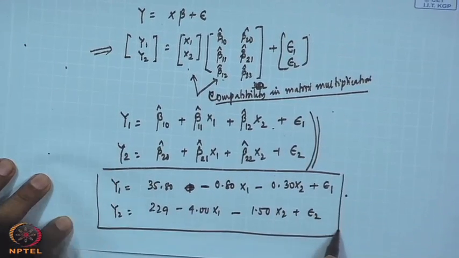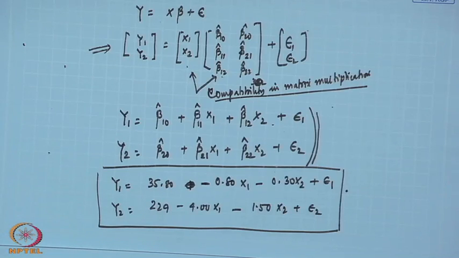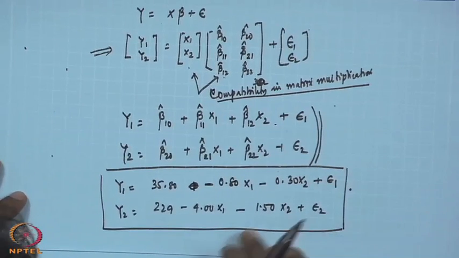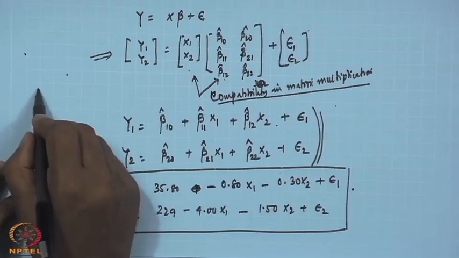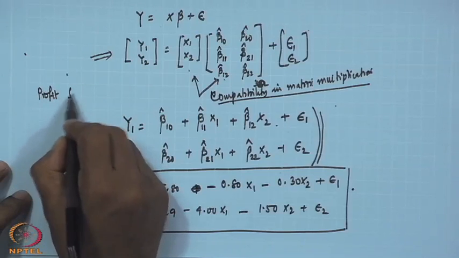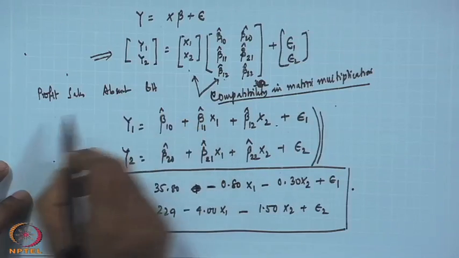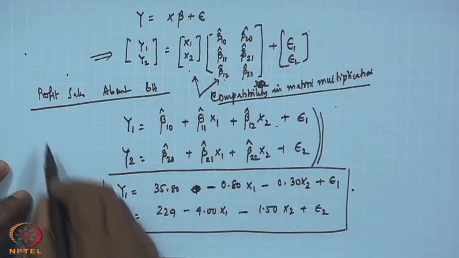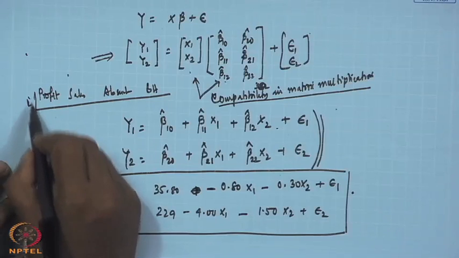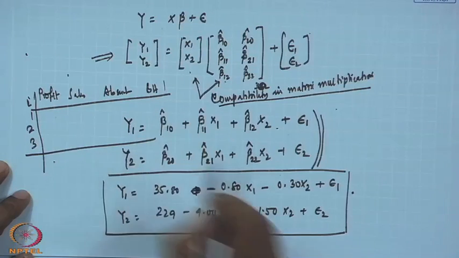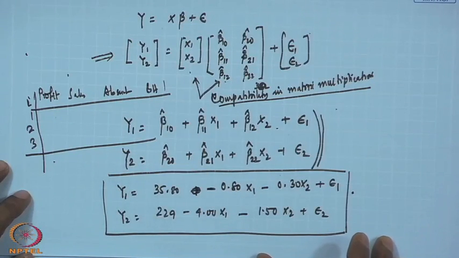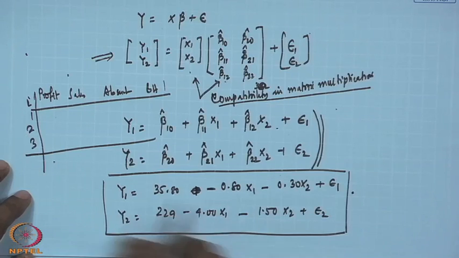This is the example data. What I have done is I have taken profit, sales, then absenteeism and breakdown hours from the CTCAN data, and we have taken only the first 3 observations, 1, 2, 3, just to go through the computation, because you will be applying software. So, you require more data points, not 3 data points. There will be a lot of problems with a small data set, I will show you.